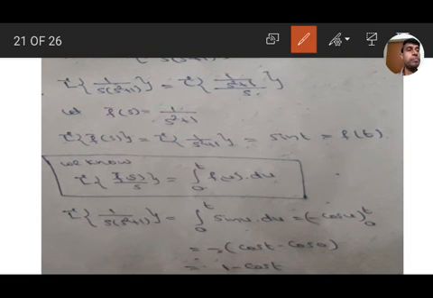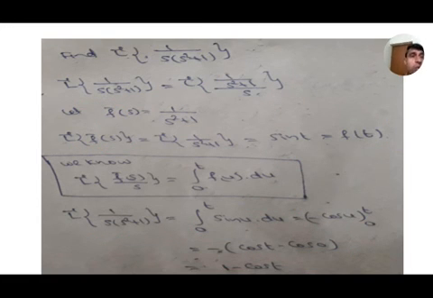Here we took L inverse of 1 by S into S square plus 1 equal to L inverse of 1 by S square plus 1, divided by S. Let f bar S equal 1 by S square plus 1, and L inverse of f bar S, that is L inverse of 1 by S square plus 1, equals sin t, which is f of t.